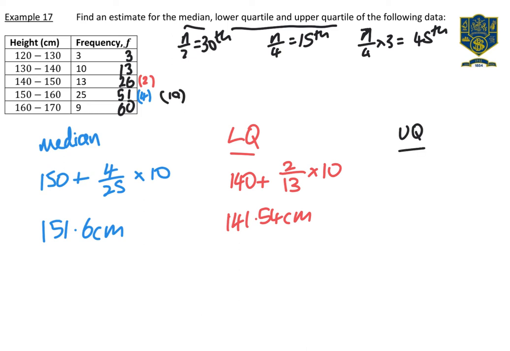So the upper quartile is the lower boundary of 150, plus we need 19 out of the 25, and multiply that by the width of 10, and that works out to be 157.6 centimeters. So those are our approximate values using interpolation, which is the fraction that we need of the width added on to the lower boundary.